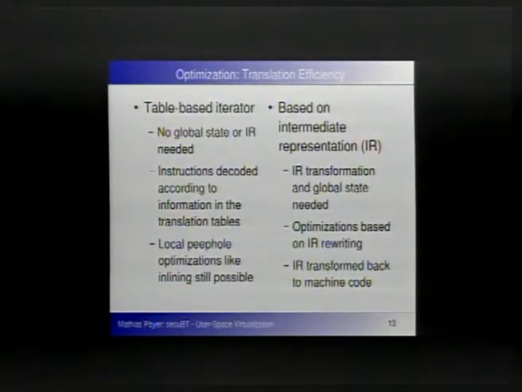All instructions are decoded according to the information in these translation tables, and we just follow from 1 byte in the instruction in the code. We just follow the tables and can decode the instruction like that, and then translate it according to a specific action function that is defined in these tables.